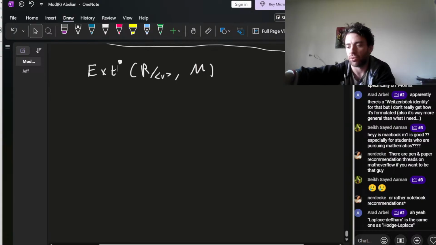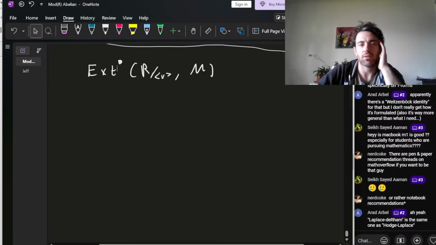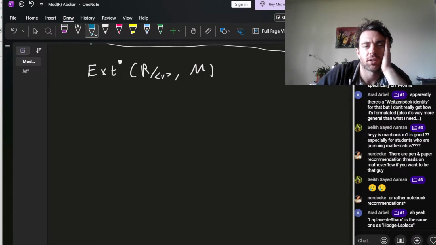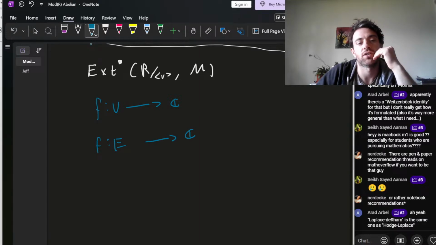If you think about operators, you think about functions from the vertices of your graph, and the space of functions from edges of your graph, then you can write down a discrete differential.